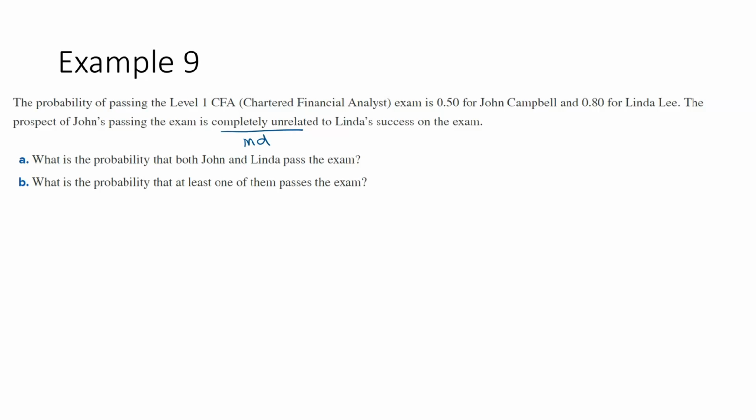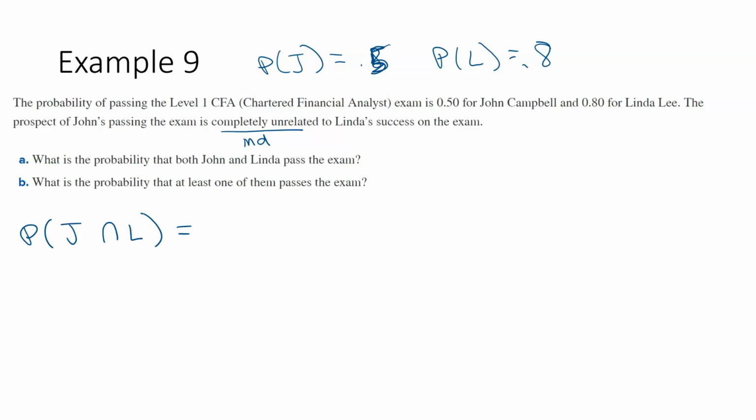What is the probability that both Linda and John pass the exam? So the probability for John is 0.5 and the probability for Linda is 0.8. So the probability that John and Linda both pass, because they're independent, we can just multiply them. And so we get 0.5 times 0.8, we get 0.4.